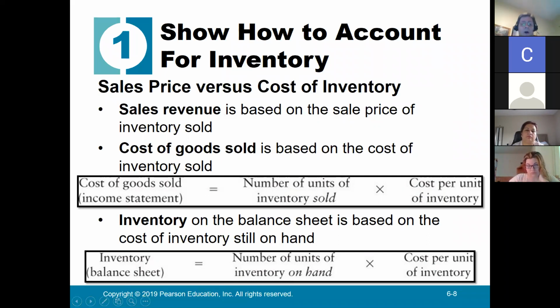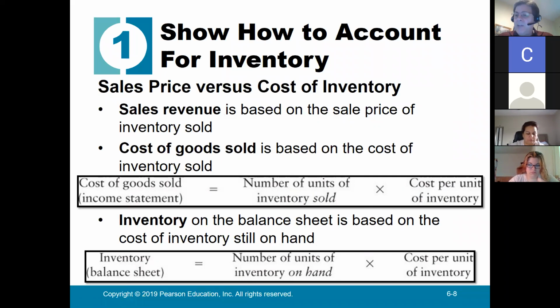And so on the income statement, we're going to always be able to figure out the number of units sold times a cost per unit. If we want to know what our cost of goods sold is, we need to know those two things: how many units were sold and what our cost per unit was. And on the balance sheet, if we want to check our ending balance, then we need to see the number of units we have on hand.